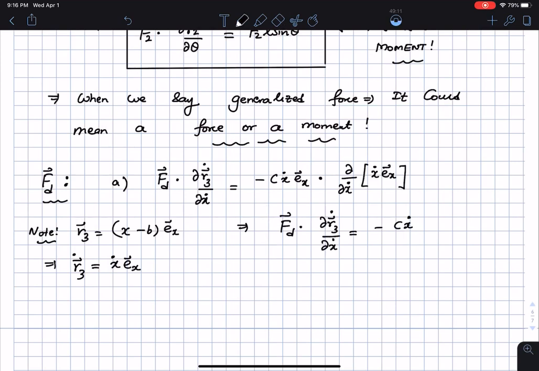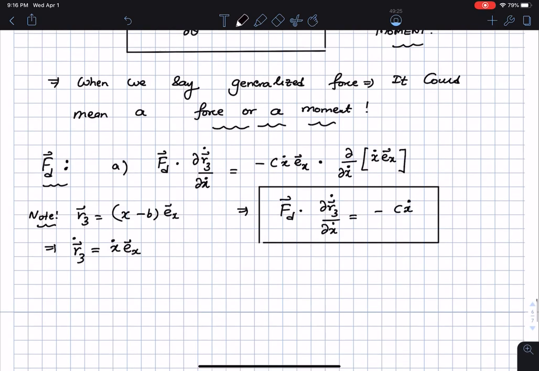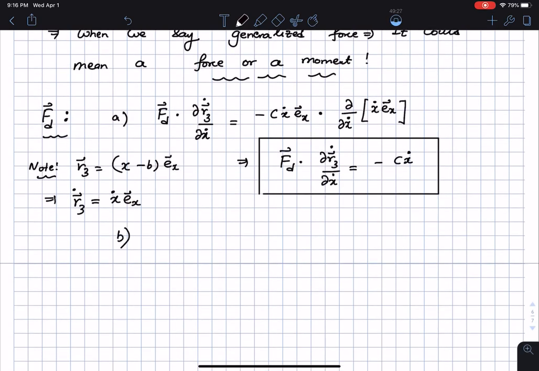And you can immediately see that the forces that are acting on the cart remain as forces, the generalized forces, but then the forces acting on the pendulum turn out to be actually generalized moments. Okay, and then I want to make a quick note here and say that Fd dotted with dr3 dot by d theta dot is equal to minus c x dot ex dotted with d by d theta dot of x dot ex, which is obviously 0.